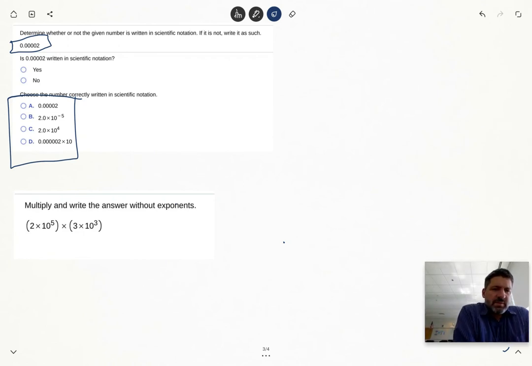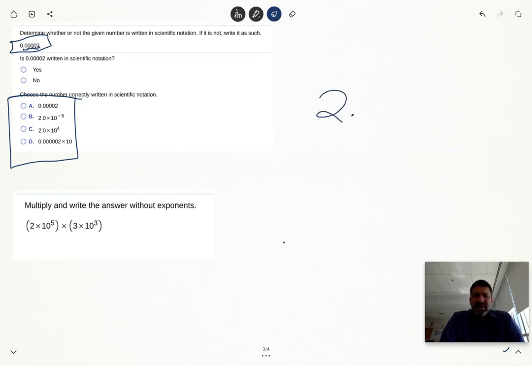First of all, we have to figure out how many places I moved the decimal point over. It'd be 1, 2, 3, 4, 5. So we moved over 5 places to get just after the 2. So times 10 to the negative 5.